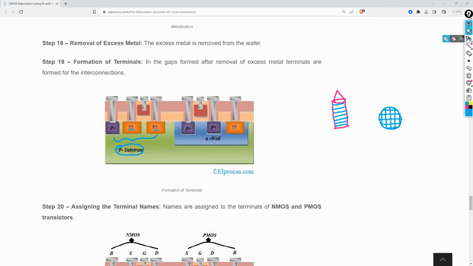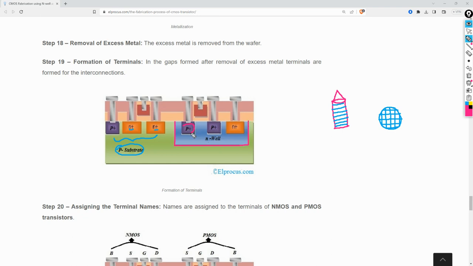Now, how do you manufacture your PMOS? So now remember on P substrate, it is easy to manufacture NMOS. Now to manufacture PMOS, you need something called N well.